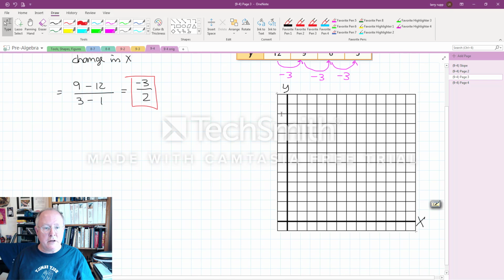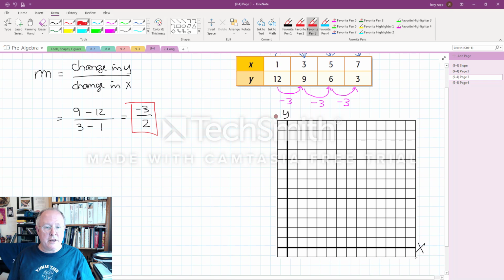So, scrolling up just a little bit, we look at our table, and we say that when x is 1, y is equal to 12. Well, there it is right there. When x is equal to 3, y is equal to 9. Right there. When x is equal to 5, then y is equal to 6. Right there. And finally, when x is equal to 7, y is equal to 3.